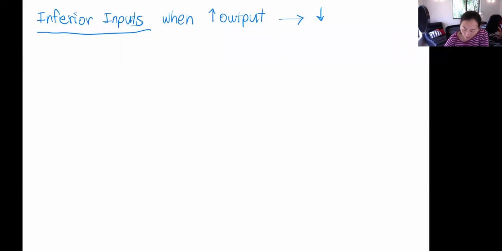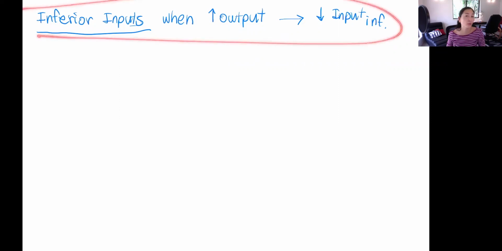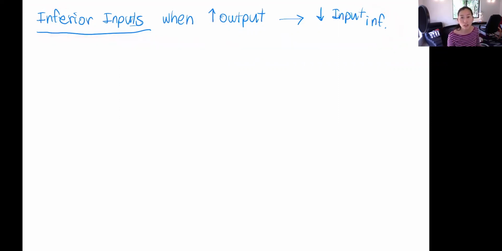So when quantity increases, we decrease the input for the inferior input.